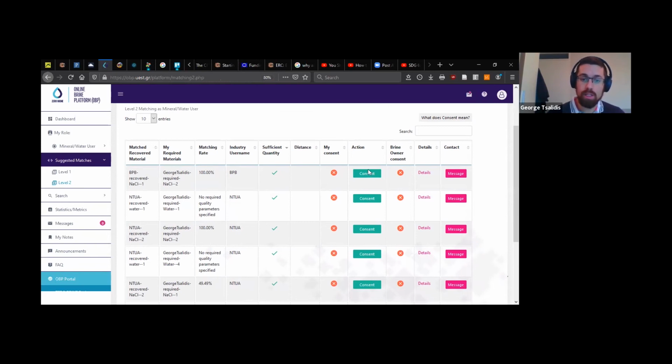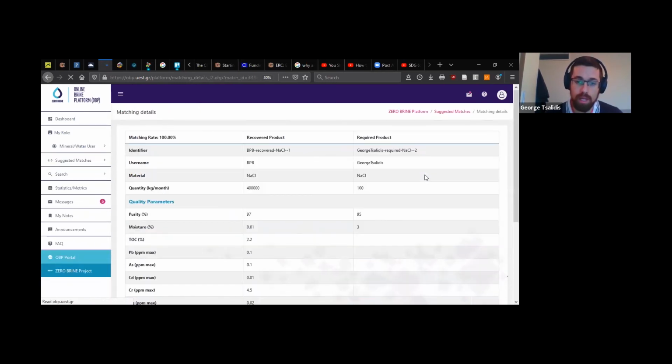In this case, I can give consent or not, and I can see the details of the recovered calcium and sodium chloride. I'm asking for 100 kilograms per month, but this brine producer has a much bigger amount with a much higher purity than what I am asking for.